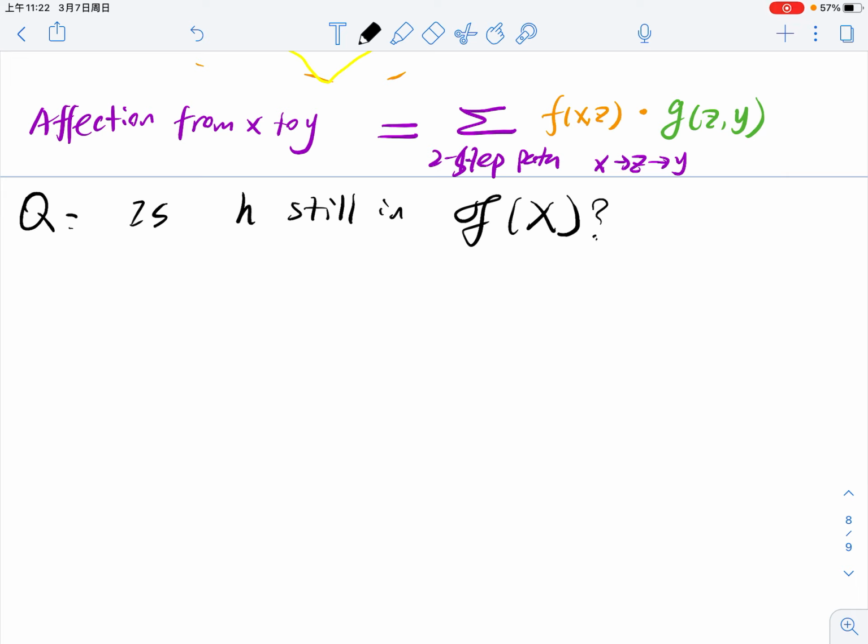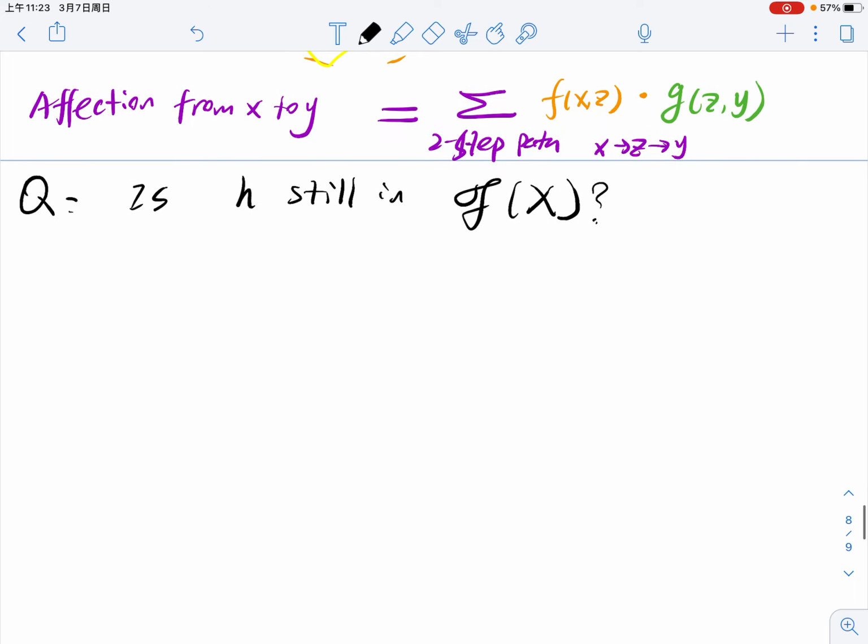Otherwise, being outside the space either means your operation is wrong or the space is not good enough. Whenever we talk about something, we always want that thing to still be in the category we are referring to. Otherwise, you are always referring to something unknown. It's not good. Okay, then let's check. The answer is yes. Check.